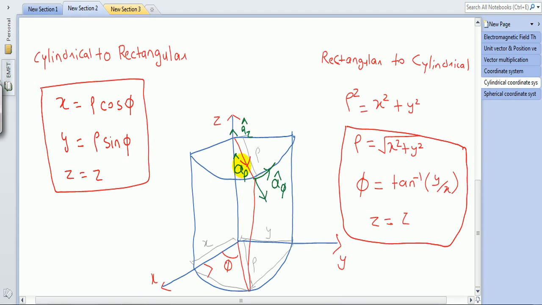So you can see that a rho cap, a phi cap, and a z cap all are mutually perpendicular with each other.